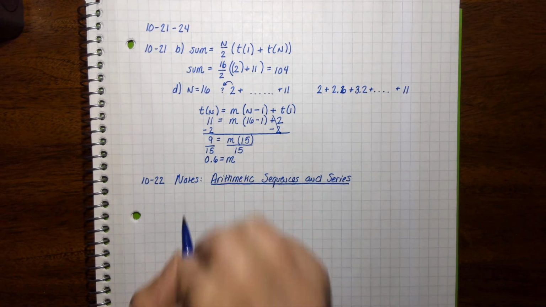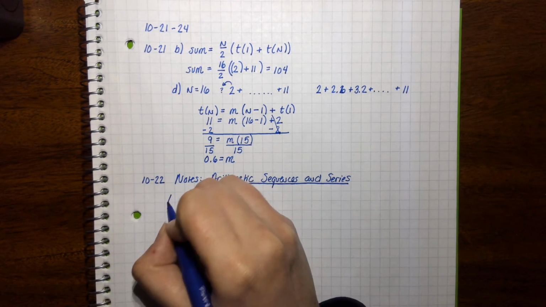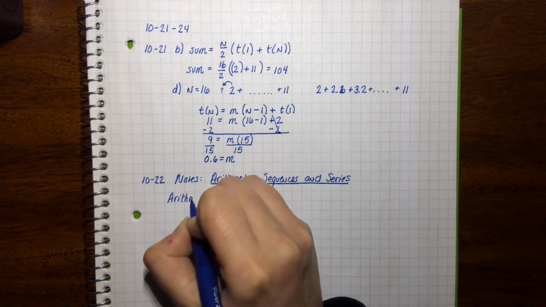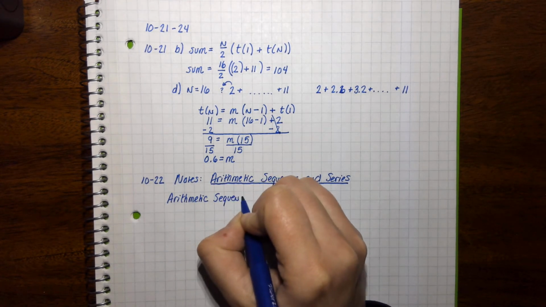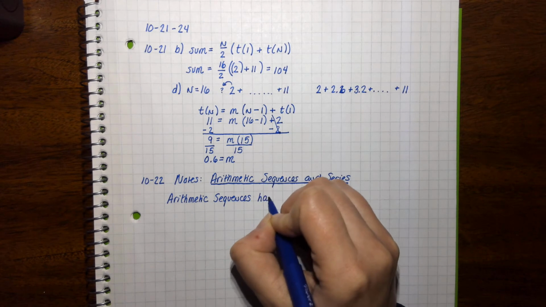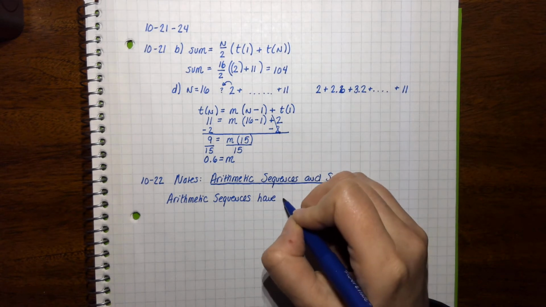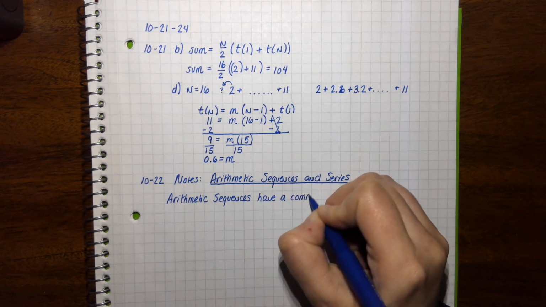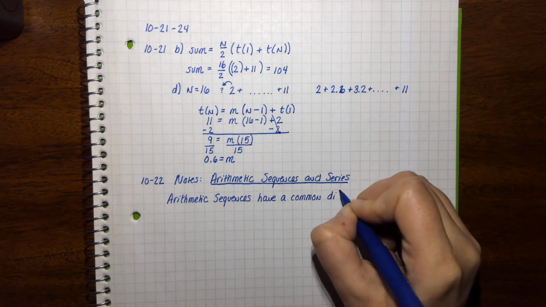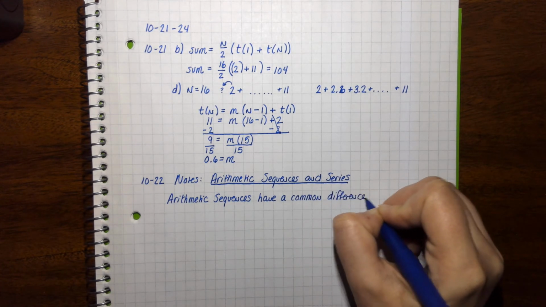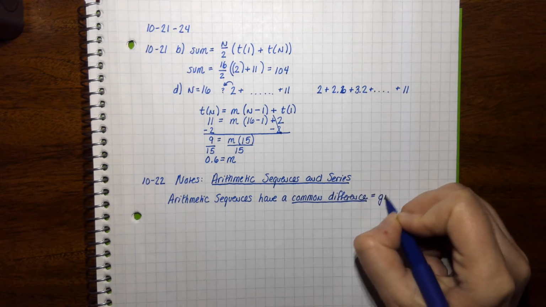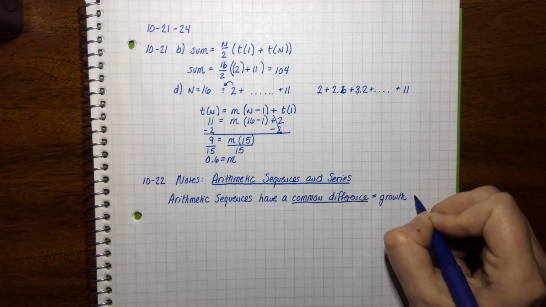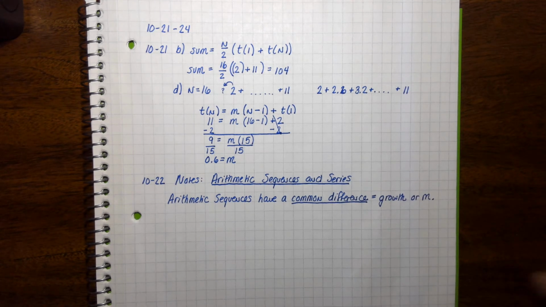Here is the first thing you need to know. Arithmetic sequences have a common difference. And we call that the growth, or m for slope.